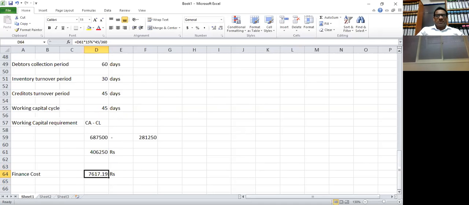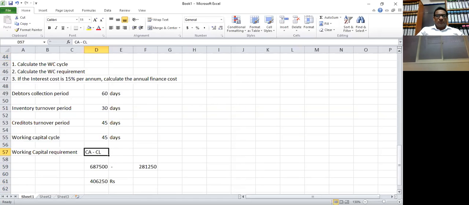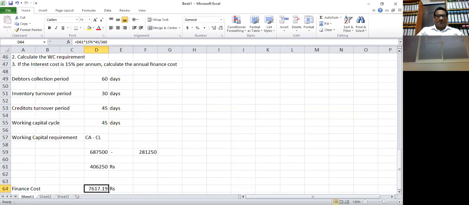So this is the finance cost for the working capital requirement of 406,250. Is this clear? Okay, I hope it is clear, right?